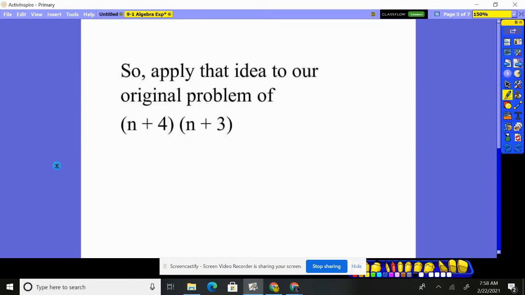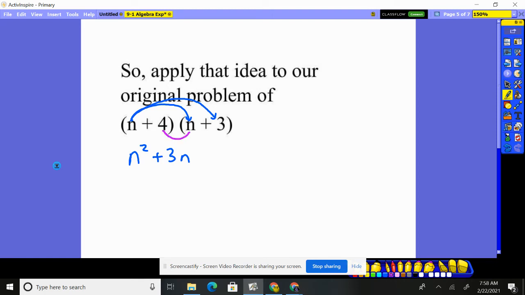So how do we apply that to the original problem of n plus 4 times n plus 3? Well, this end is going to shake hands right here, and this end is going to shake hands here, or it's going to get distributed through. Each of the front pieces is going to get distributed through. Well, n times n is what? n squared. n times that 3 is 3n. Now we are multiplying. And now the 4.